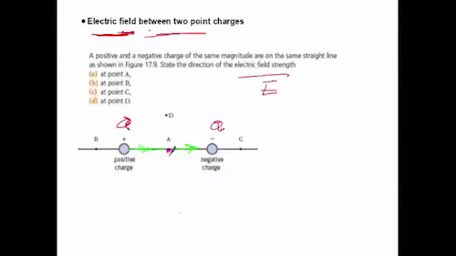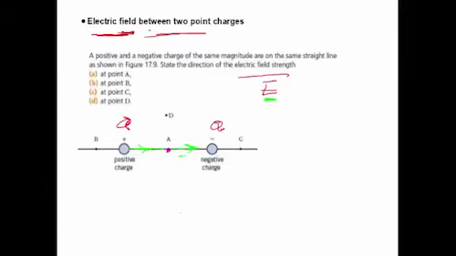So this means that point A is affected by two charges. Now we are not talking about the force, we are talking about the direction of E, the electric field strength. The lines for positive are going outside and for the negative are going inside. It means A is under two electric field strengths which are in the same direction.